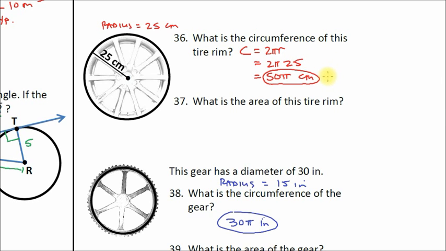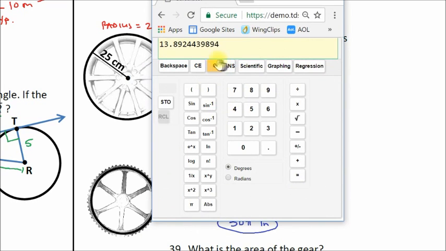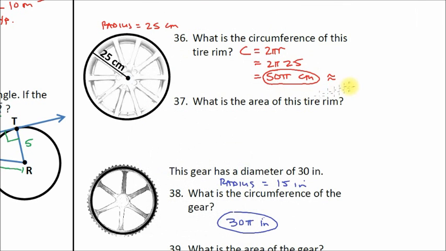If you want to convert that to a decimal, you can put that in your calculator. 50 times pi, and that equals 157.1. So I can put that as part of my answer. 157.1 centimeters. But I'm happy with the answer stated in terms of pi.